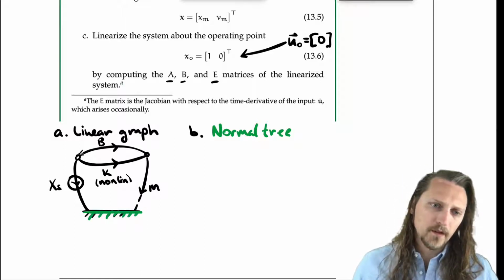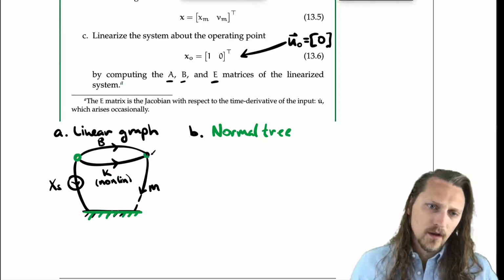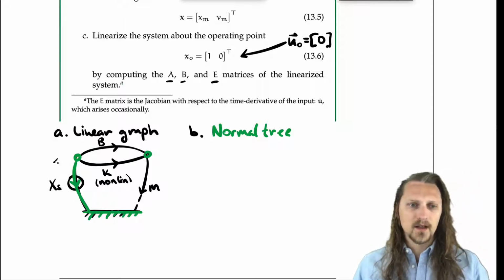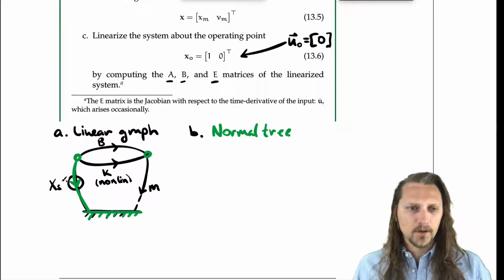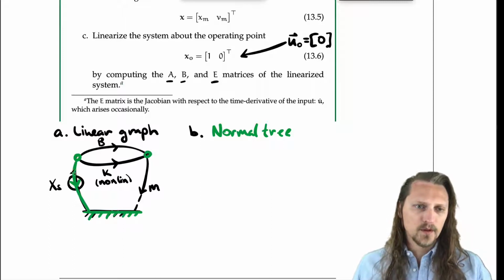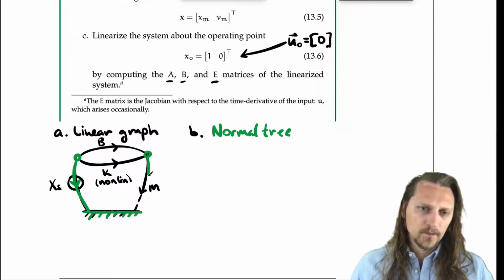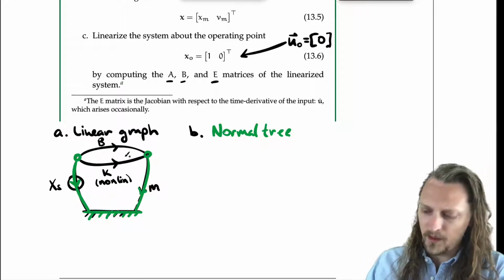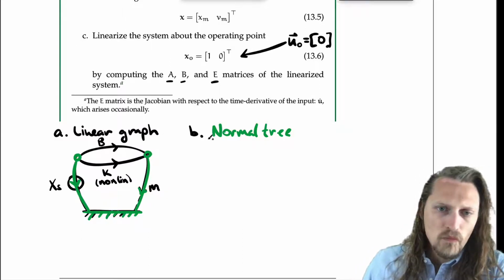We've got the nodes always in the normal tree, cross variable sources. The position is a cross variable, as is the velocity, so it's in a cross variable source. It's included in the normal tree, as is the A-type energy storage element, the mass, and neither of these can be included or we would have a loop, so we're done.